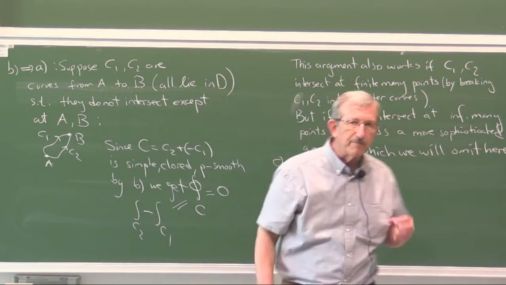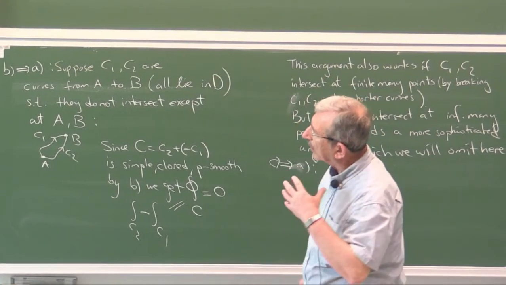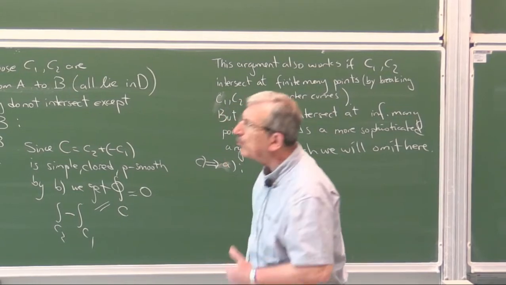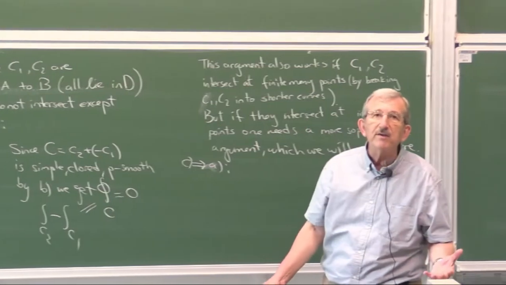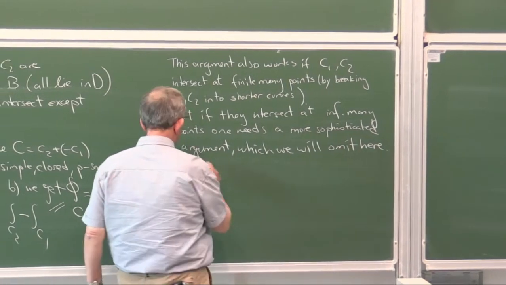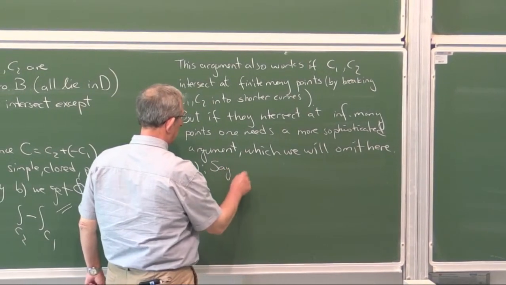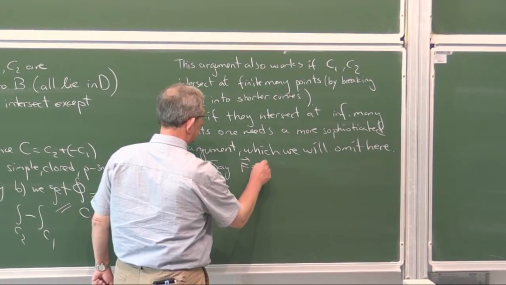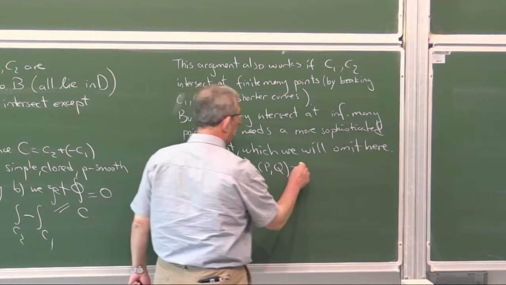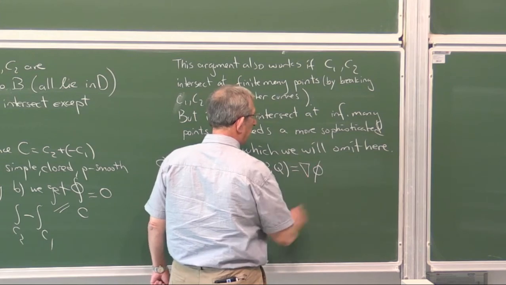Now, what do we have here? We have a conservative field, and we want to show that we have path independence. But this is quite obvious because, say, F is (P, Q), and it is the gradient of phi.